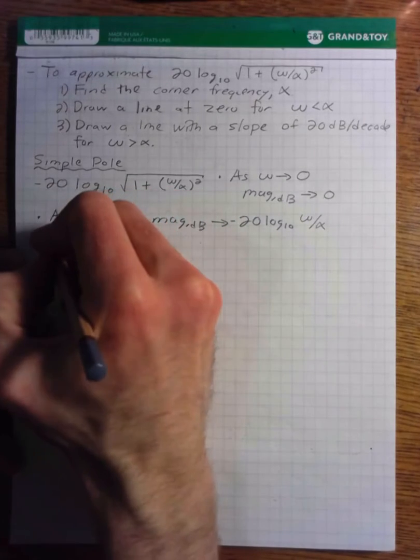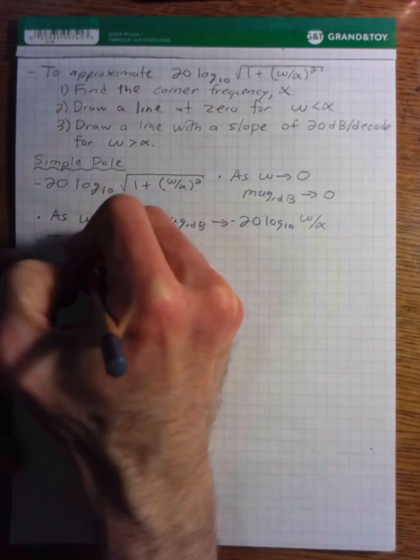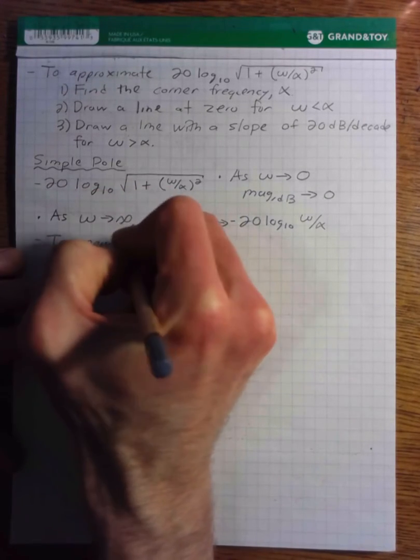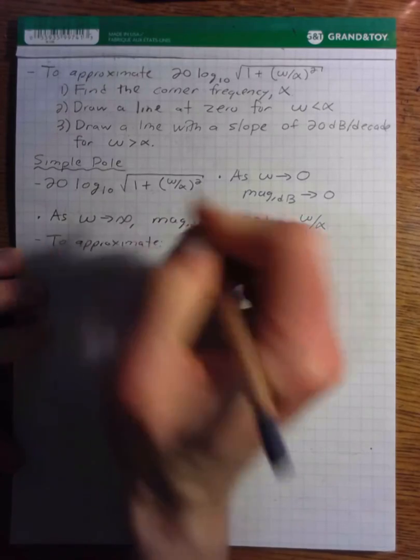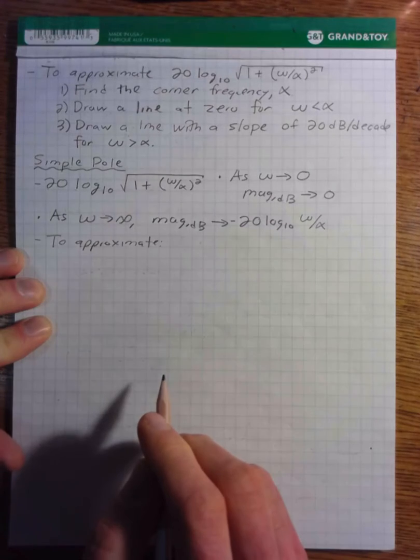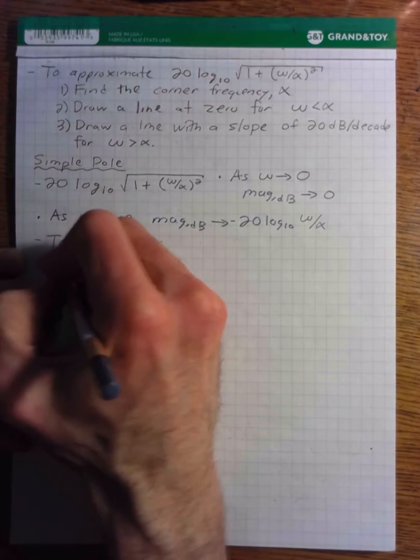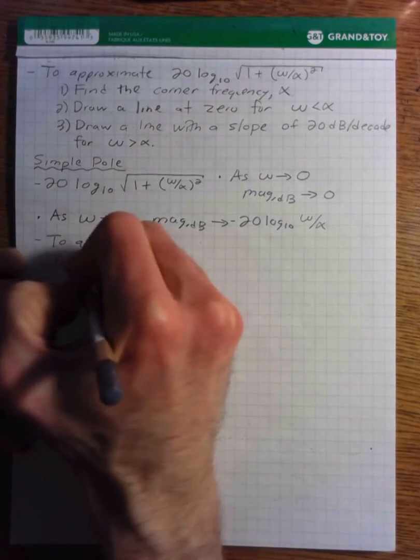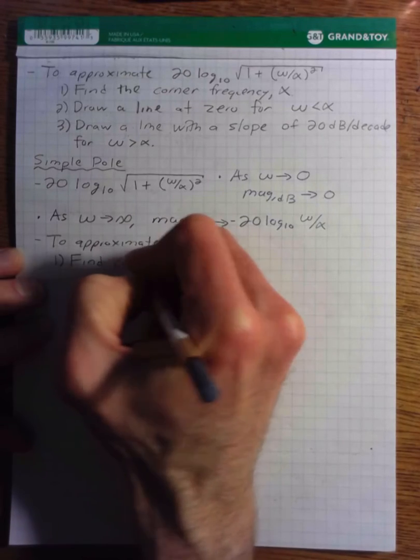And just to summarize this, to approximate our frequency response, it's exactly the same procedure as for the simple zero, as you just saw. We find the corner frequency.